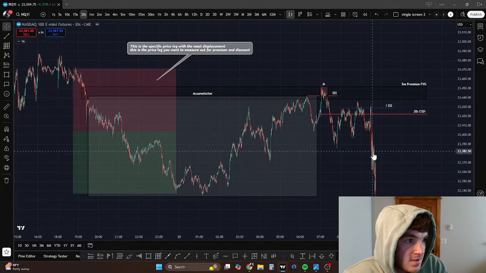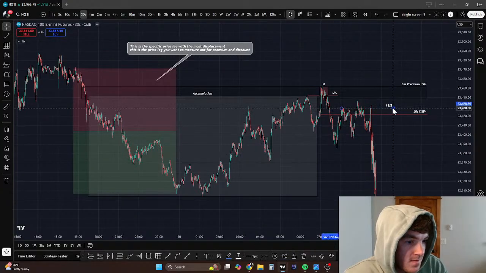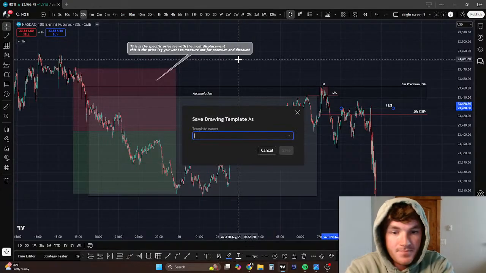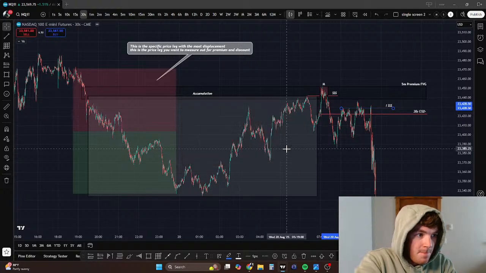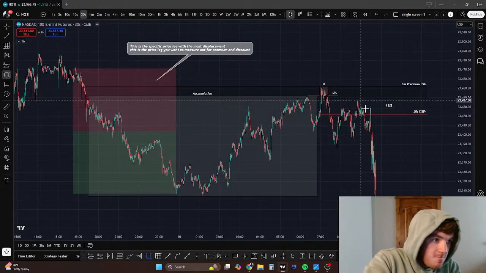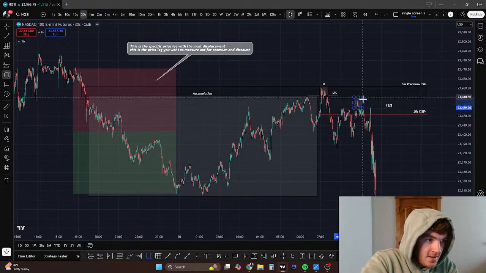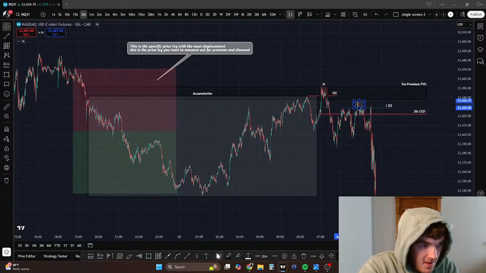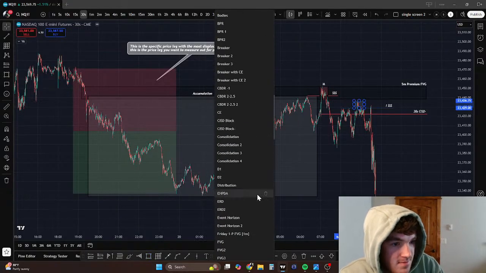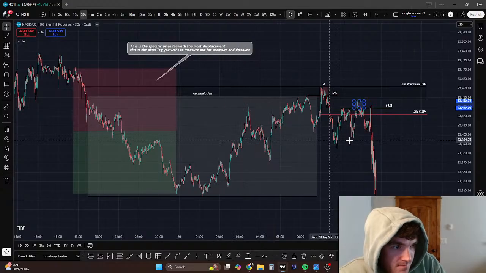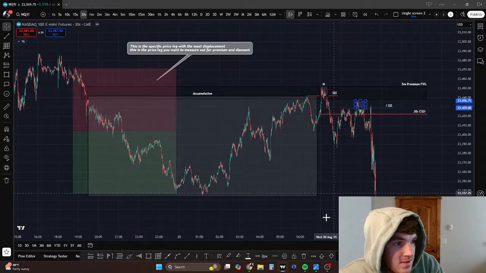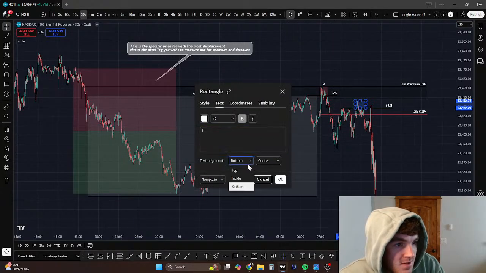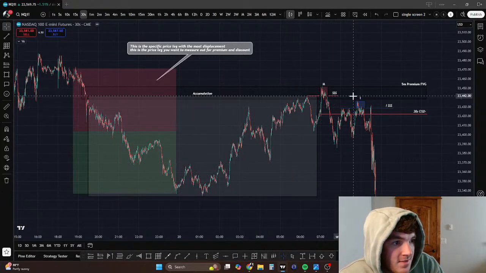So accumulation, manipulation. Once again, I would take this as inducement of these highs. And once again, since in this context you're inducing highs, I feel like you could just have stop loss here, honestly.